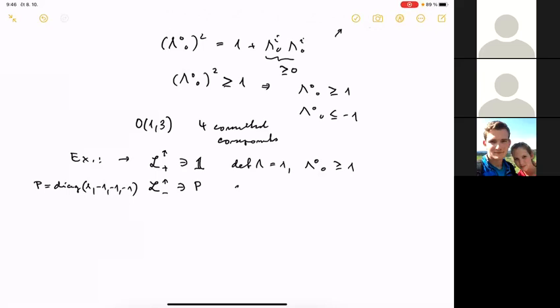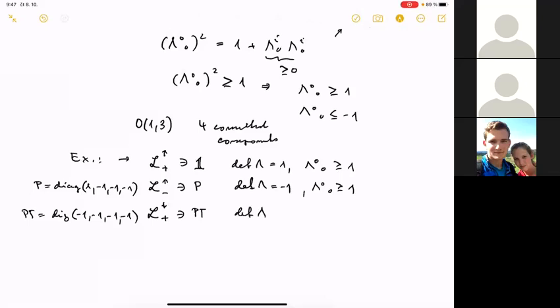And this has negative determinant and lambda 0,0 positive. Another component is the component with positive determinant and lambda 0,0 negative. And this contains the so-called PT operator. This is a space-time inversion. PT is a diagonal matrix with -1, -1, -1, -1. So it has positive determinant, but the lambda 0,0 element is negative.